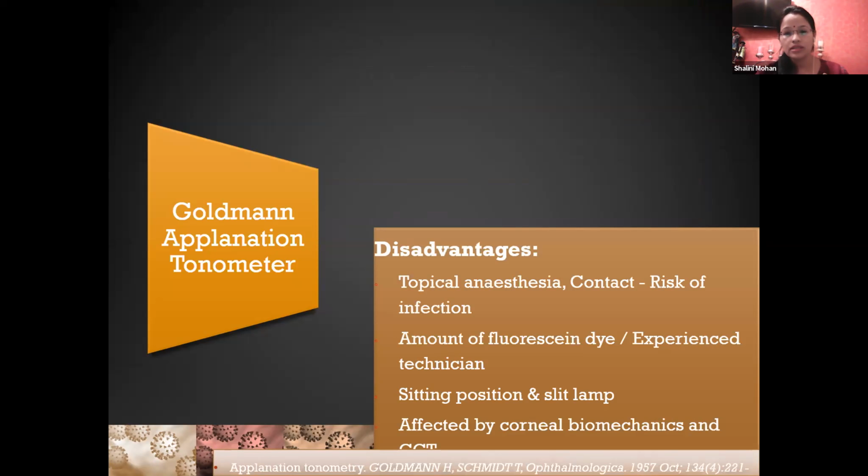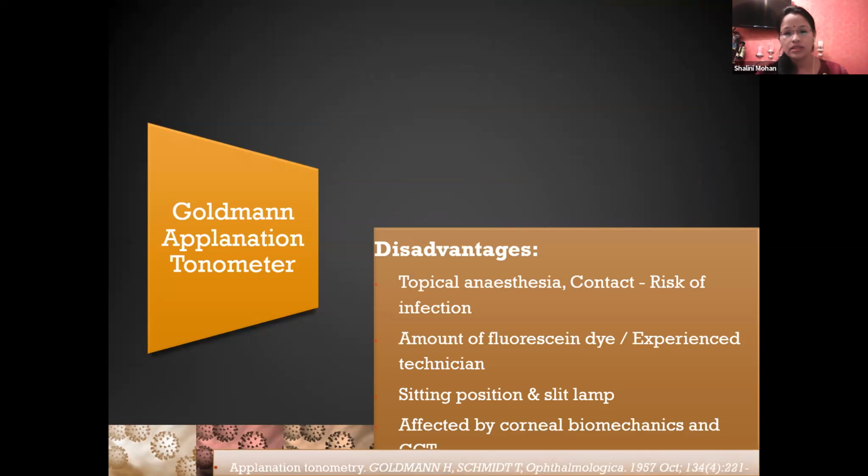Besides this, corneal shape might also hamper the reading, especially if you have an astigmatic cornea. If you have 3 to 4 diopters of astigmatism, it might actually change your intraocular pressure by 1 millimeter of mercury. So if you have an astigmatic cornea, you do have an option in the Goldmann applanation tonometer. So what is that?